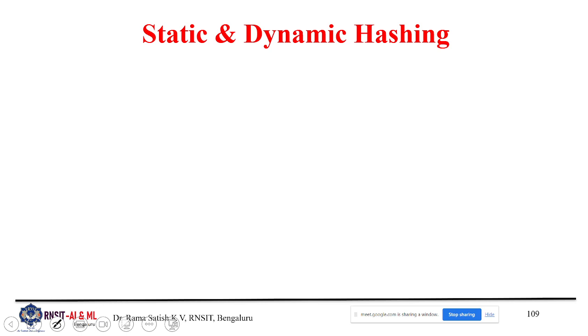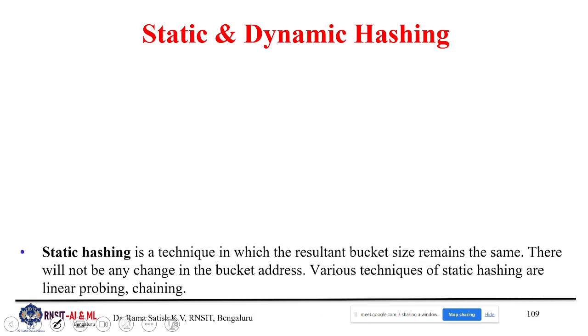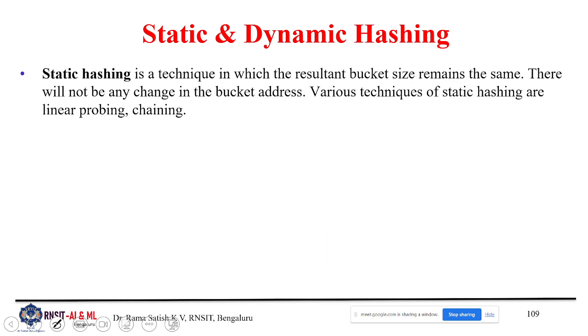That is totally based on the hashing technique. Static hashing is a technique in which the resultant bucket size remains the same. There is no change in the bucket size. So far, we have seen linear probing, quadratic probing, and double hashing.